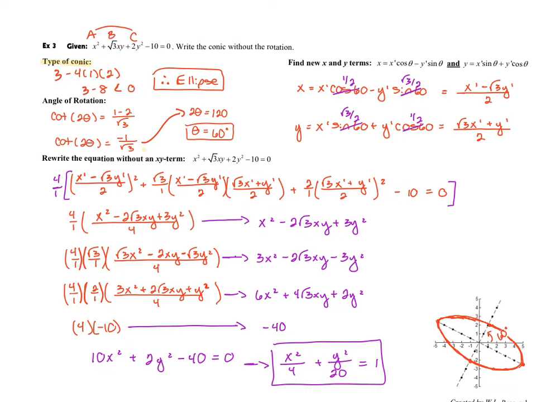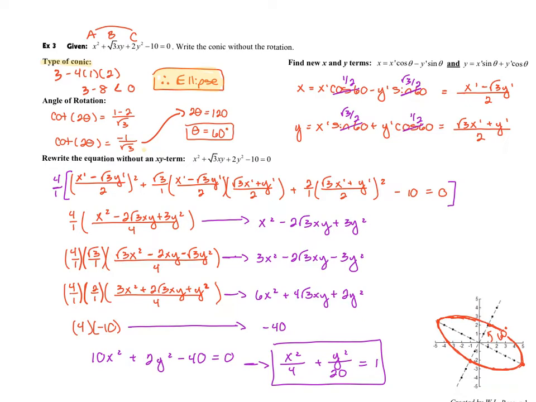I've pre-identified the a, b, and c. When we simplify that, we get 3 minus 8, and our formula that we went through on the previous video told us that if this value is less than 0, then the conic is an ellipse. All right, so that's our first conclusion. That means that when we're all done, we should have an equation that looks like an ellipse, and if we don't, we know we made a mistake.